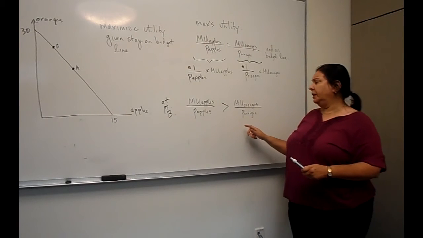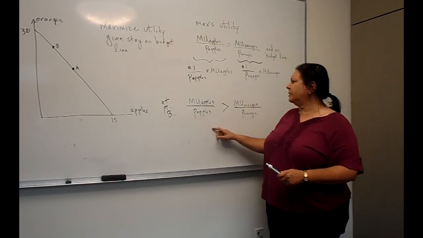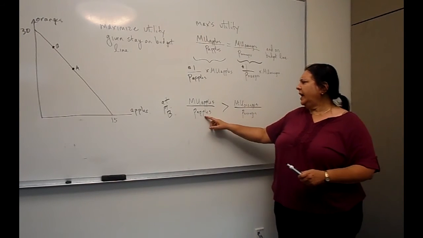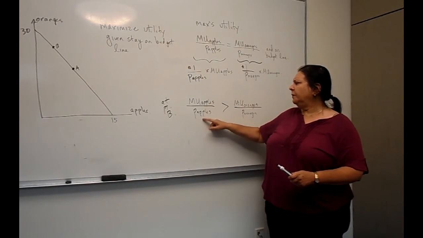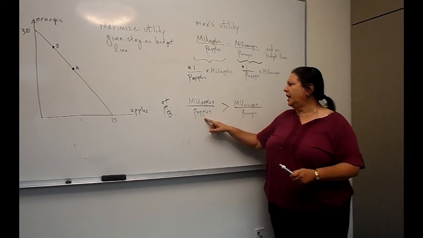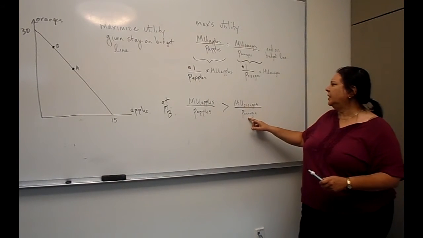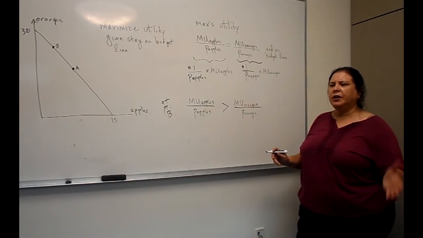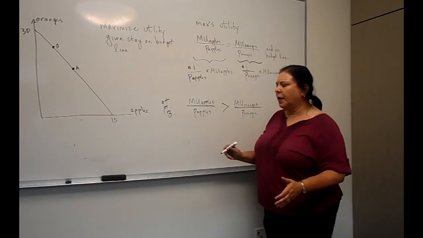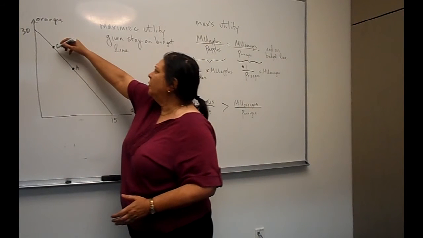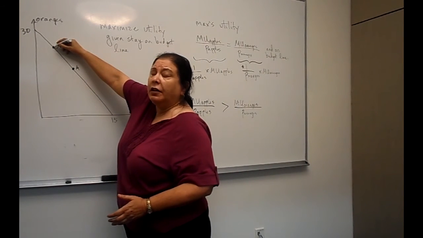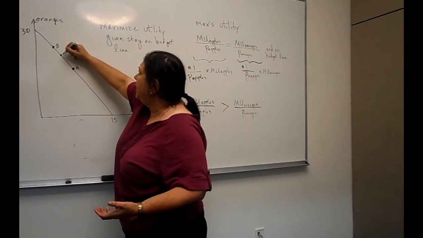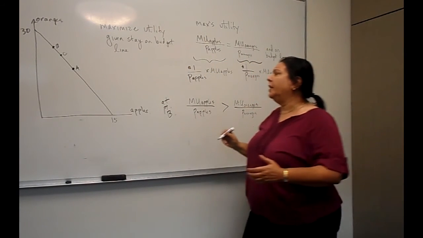I lose a little bit of utility, but if I spend that entire dollar on apples, I gain this much utility, and the amount I gain is bigger than the utility that I lose, so my total utility goes up. So if I change my spending from buying $1 worth less of orange and $1 worth more of apple, I'm going to move down to point C, and my utility is going to go up.